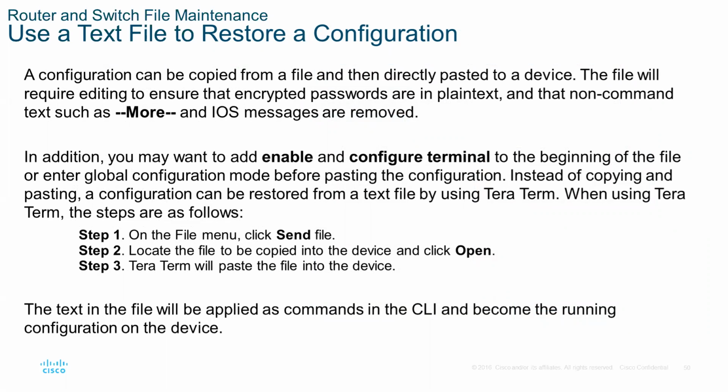And there's the more statement that you need to go back and edit out, because if you paste that config file back into the device, if it's failed for some reason, that more statement will cause no end of trouble to your config, as in it'll not actually set it up properly.